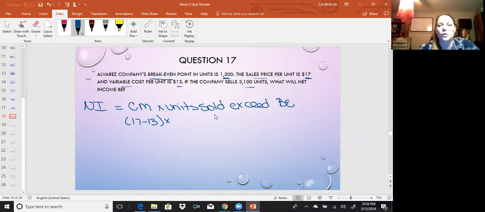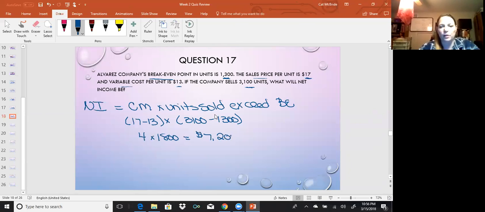Break even is 1,300 and we want to sell 3,100. So my contribution margin is $4, and the difference in units is 1,800.